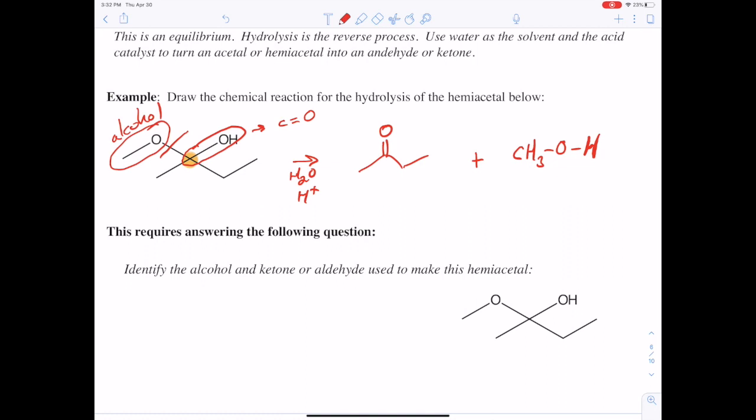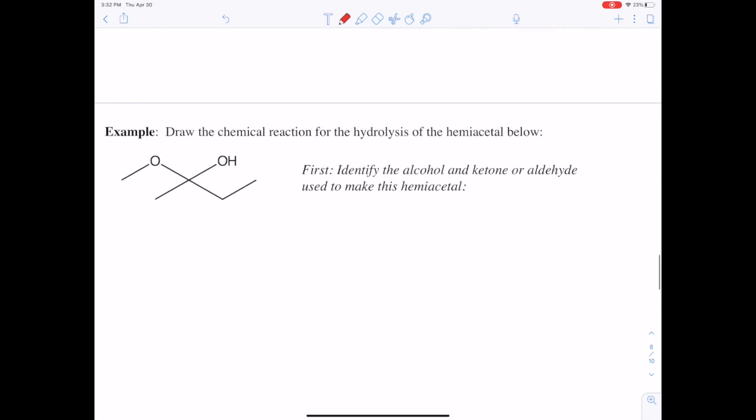So writing this reaction is the same as answering the question, what is the alcohol and what is the carbonyl compound from which this was made? If you can identify the two parts, you can write the equation.